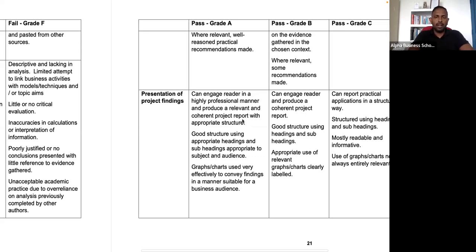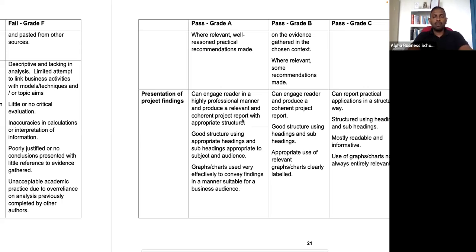That's what we call an engaging read. So a professional, engaging read is important in the way you draft your research report. Good structure using appropriate headings and subheadings appropriate to subject and audience. Don't write big paragraphs without subheadings. People will lose interest and can't keep track of it. So break sections into subheadings and write under them.